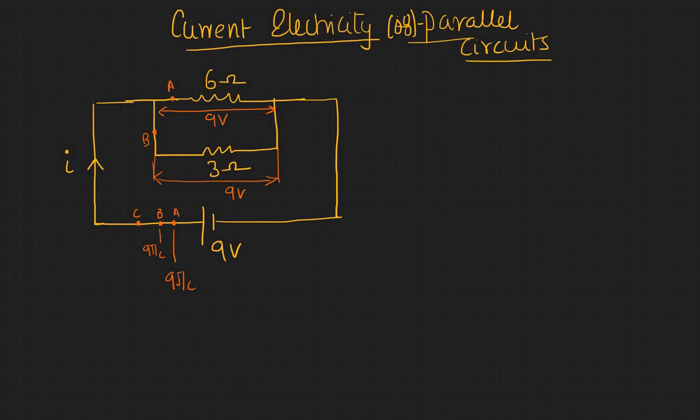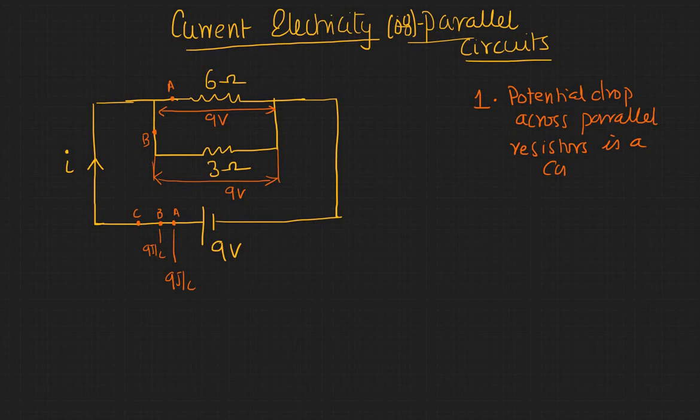For this reason, usually the first rule in a parallel circuit is the potential drop across parallel resistors is a constant, the same.